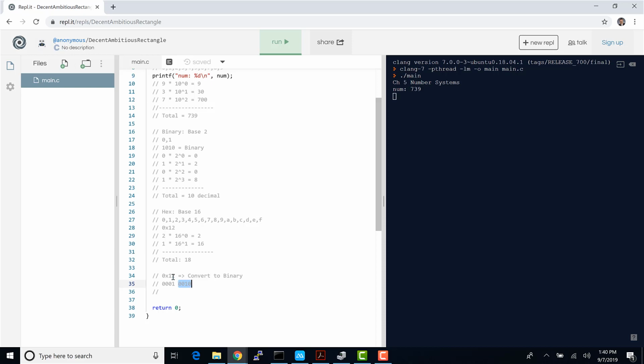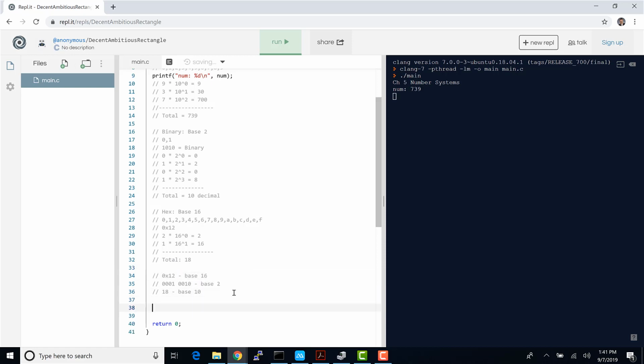And so this hex 12 is this in binary, and is of course 18 in decimal. So base 10, we have base 2, and of course this was base 16.